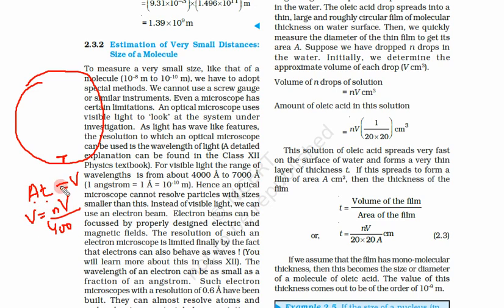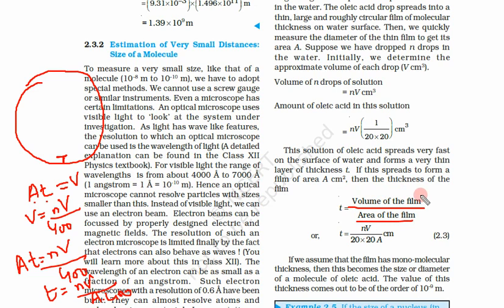So now put both of these together. What do we get? AT is equal to NV by 400. Now T is equal to NV by A into 400. So same thing here, thickness is equal to volume of thin film upon area of thin film.